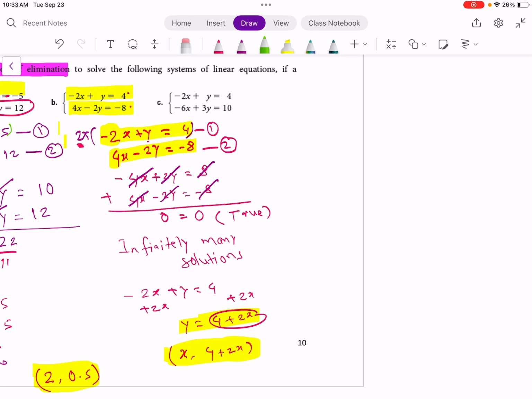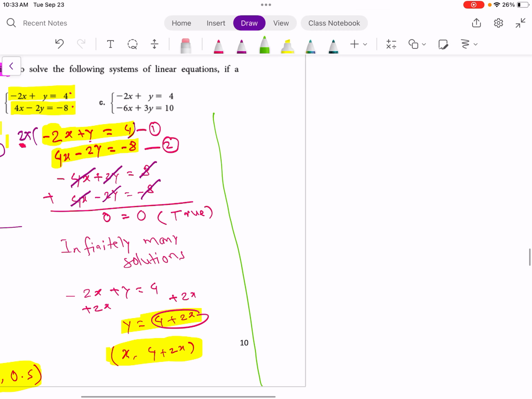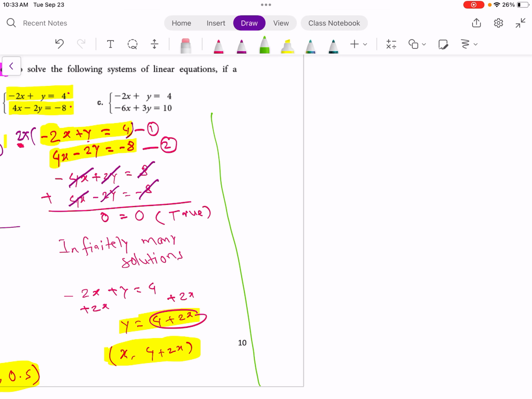so let's try to solve number C. Here we have negative 2x plus y equals 4 and negative 6x plus 3y equals 10. We're going to use the same method. Now what variable do you want to eliminate?